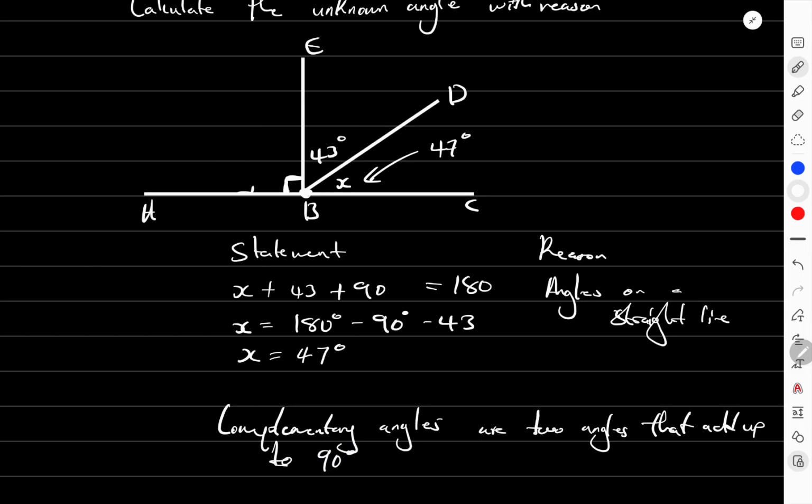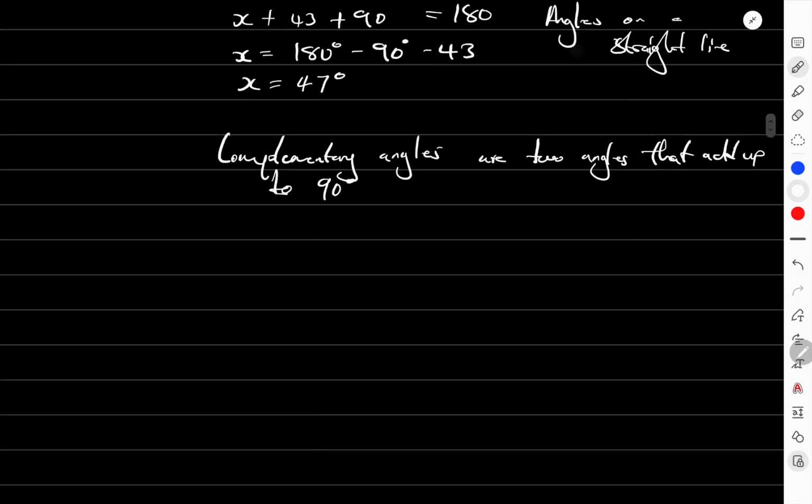So if this angle is 90, automatically the rest of the angles have to be 90 degrees, because the sum of angles in a straight line is 180. If this angle ABE is 90 degrees, these angles combined should be 90. Therefore 43 plus X combined I'm supposed to get 90 degrees. The reason for that is two angles that add up to 90 degrees, therefore complementary angles.